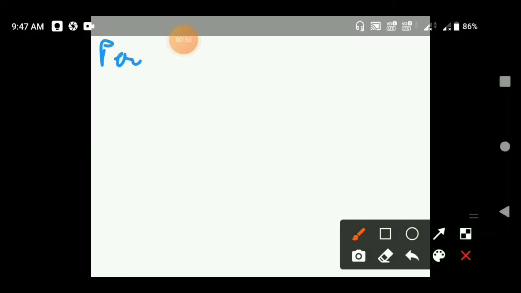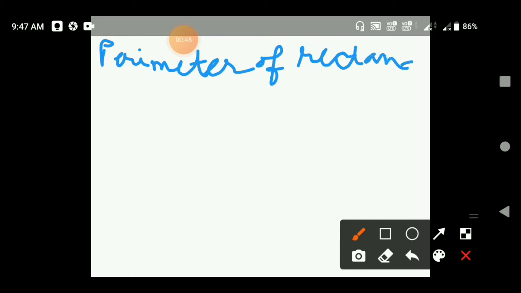Perimeter of rectangle is equal to 2 into length plus breadth.